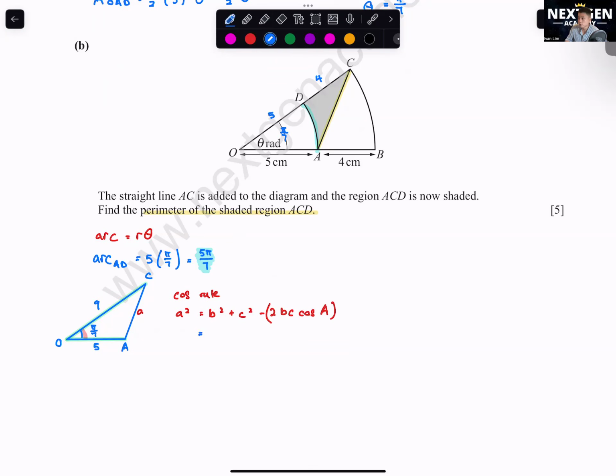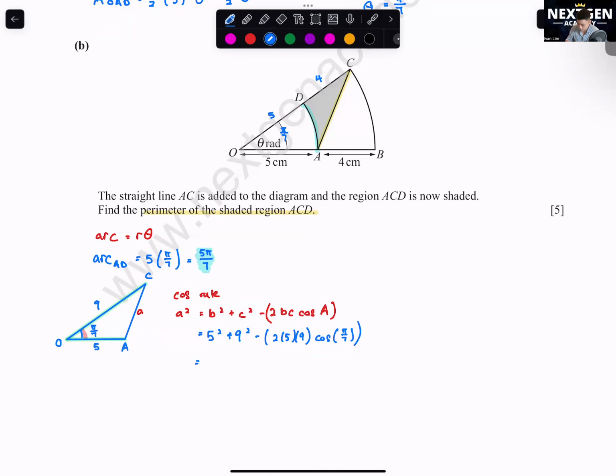We substitute into the formula here. So a square here will be 5 square plus 9 square minus 2 times 5 times 9 cos pi over 7.